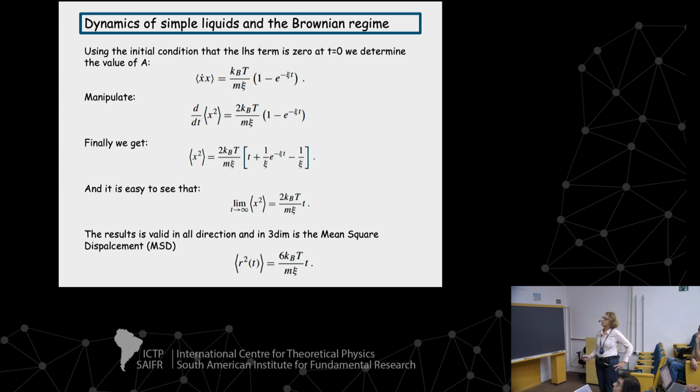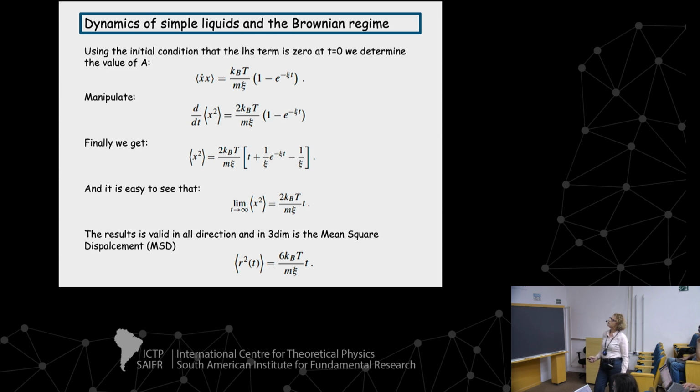x squared averaged, a quantity we are interested in, which is the mean square displacement in 1 dimension, as opposed to 3 dimensions. And we find that the mean square displacement is equal to 2kBT over m xi times t plus 1 over xi e to the minus xi t minus 1 over xi.